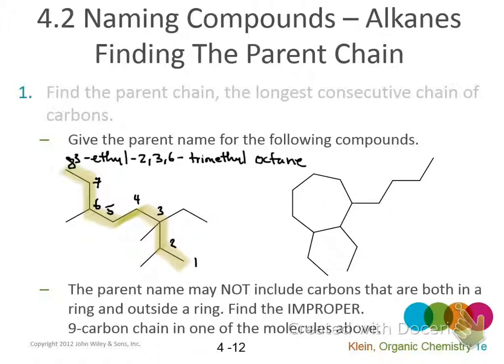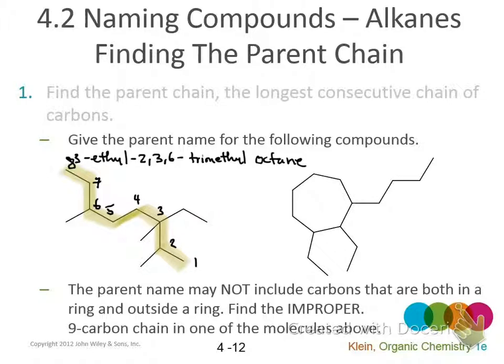Now, having said that, some people are adamant that when you have a ring, it's always the parent. I don't think that's true, but I've seen people say that all the time. So if it had a 10 carbon chain and a 6-membered ring, they would call the parent the ring still. So what you should do is follow what I'm telling you here, but you'll see other things.